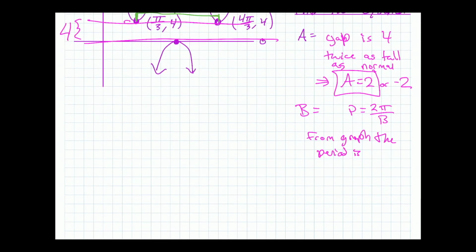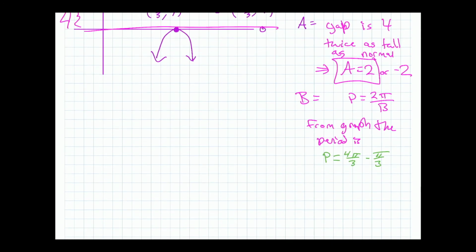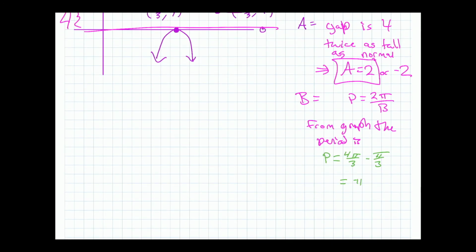So one period is 4 pi over 3 minus pi over 3, which is pi. So the period is pi.